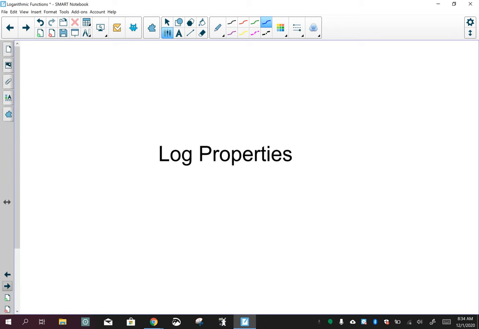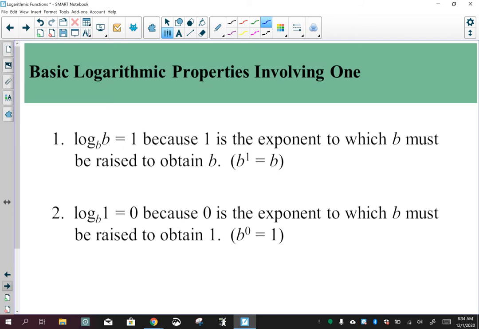All right, moving right along. Log properties. We have a few log properties that you kind of need to know. The good thing is they're not hard, but I would make sure you have all your properties in the same spot because these properties are going to look kind of the same. They have the same characteristics, just to let you know.